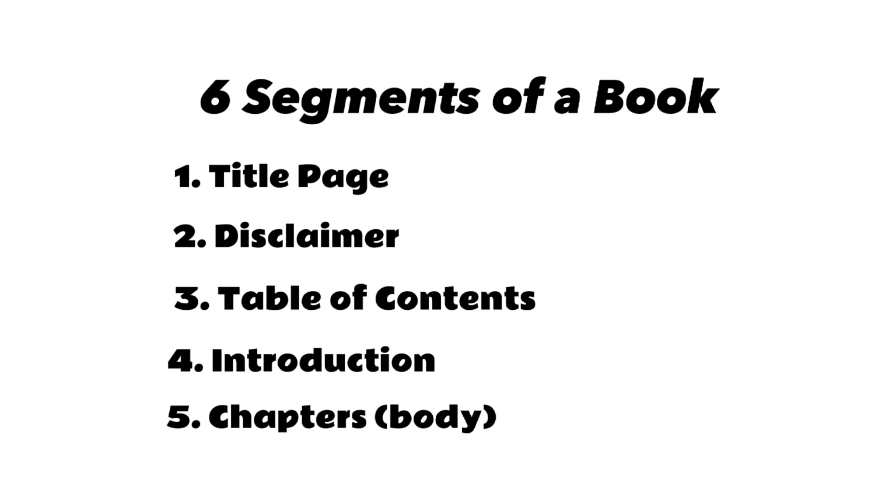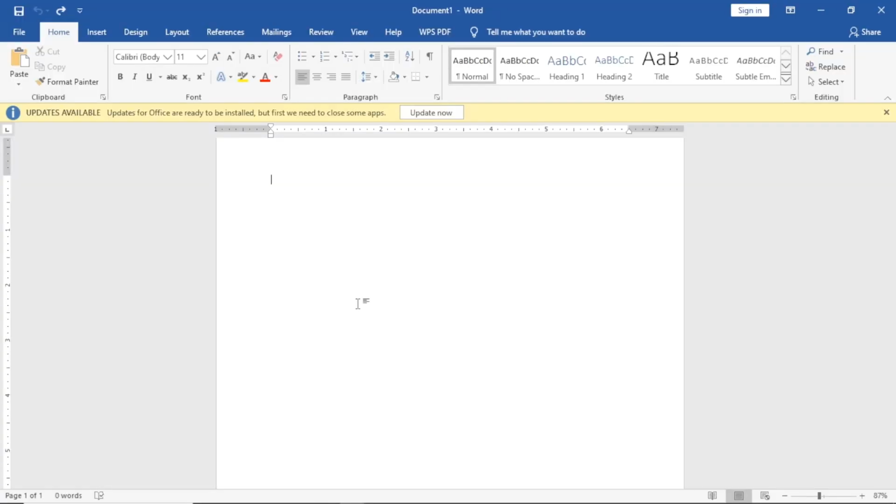I know many of you always ask this question, so this is the correct answer. Now the final segment you should have in your book is your conclusion. Please make sure that your manuscript has all of this before you begin formatting. So that's that about that.